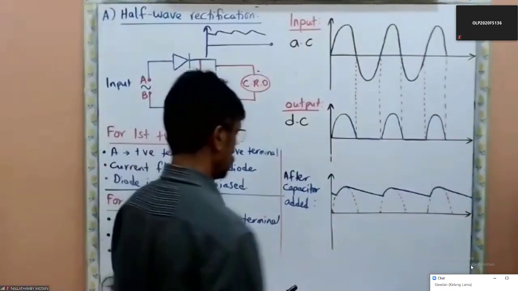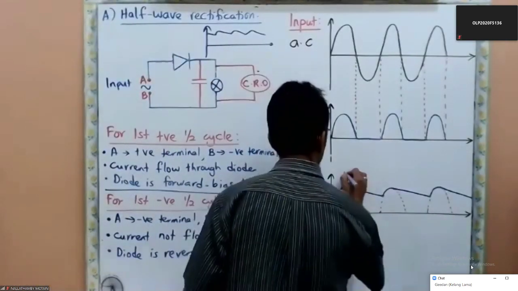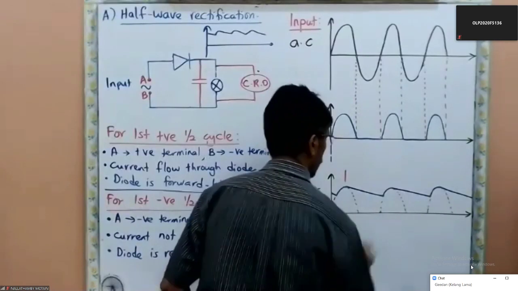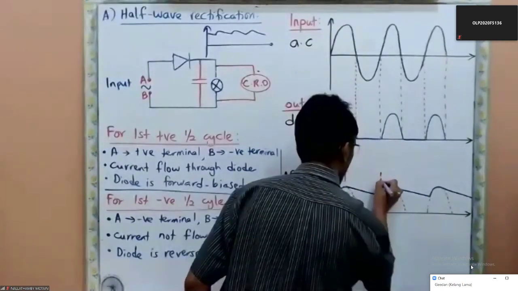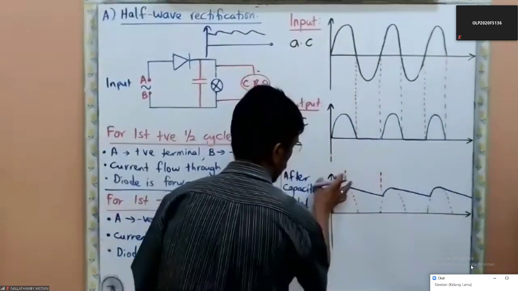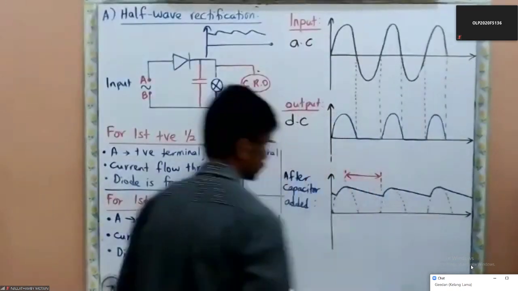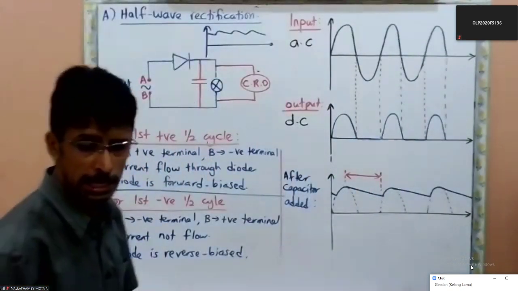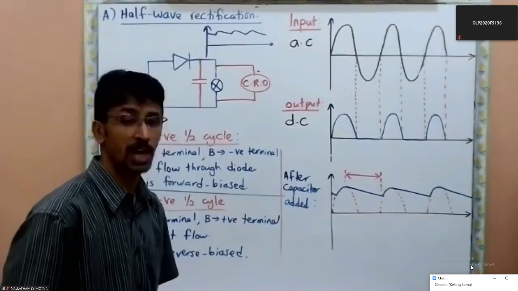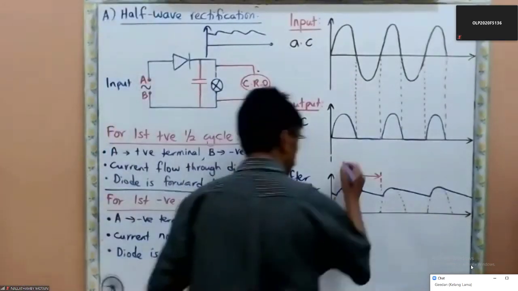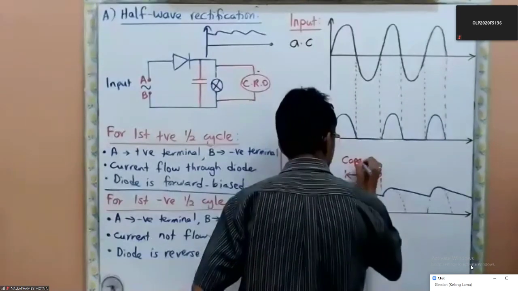Okay. So next, from the peak until here, we need to label. We need to label capacitor discharge or release charge.